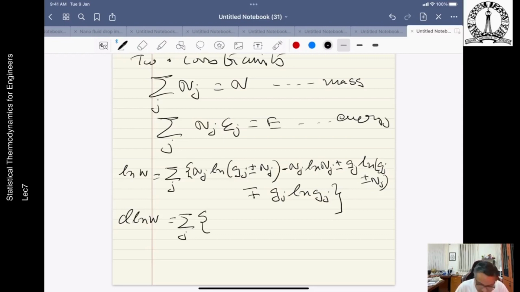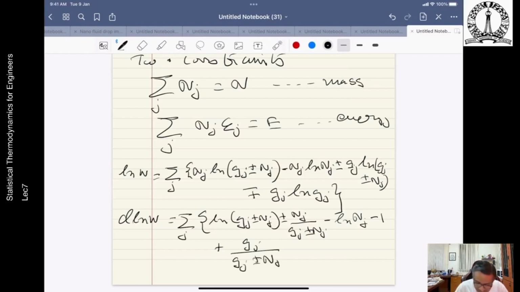you get ln. I'm writing it a little smaller just so that you can see it properly. ln (gj plus minus nj) divided by (gj plus minus nj) minus ln nj minus 1 plus (gj plus minus nj) d nj.